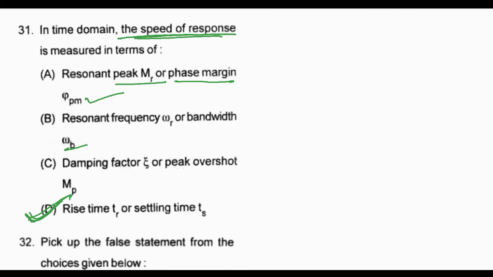Damping factor or peak overshoot: peak overshoot is the maximum value the system attains when it oscillates, with respect to the final value, and damping factor shows how the oscillation of the system is minimized. So these are not related to the speed of response. The speed of response of a system is generally measured by the rise time and settling time.